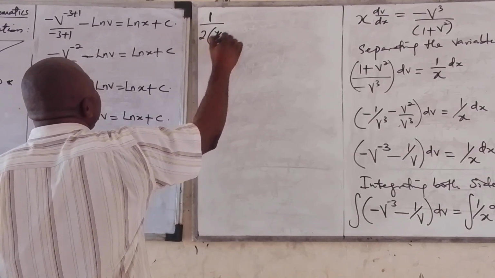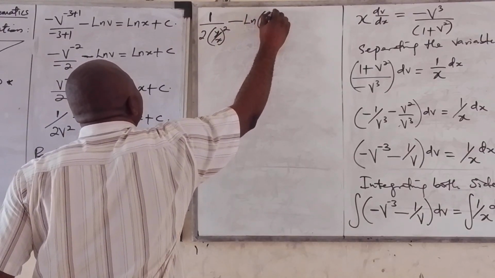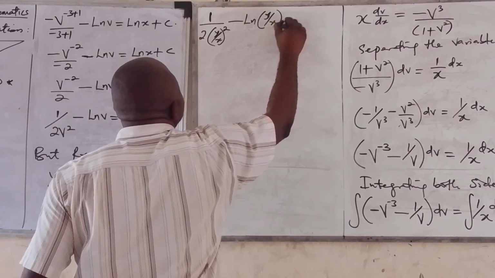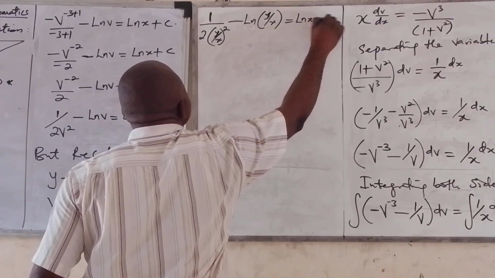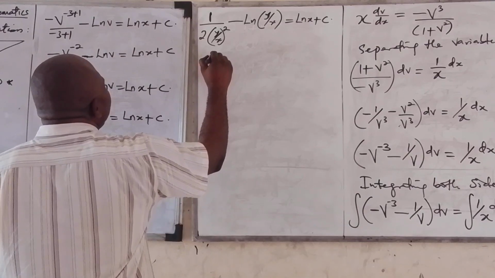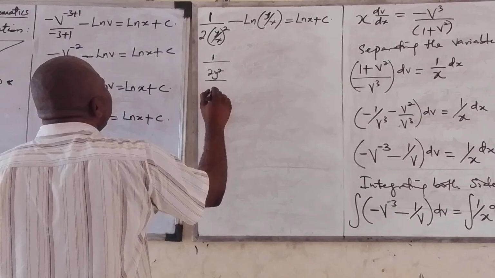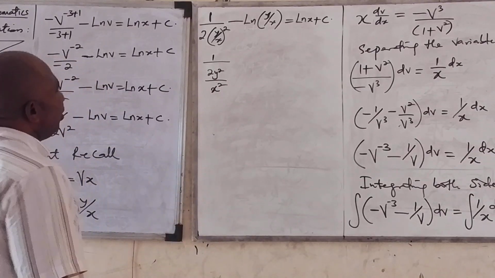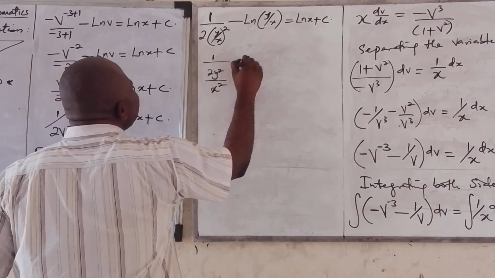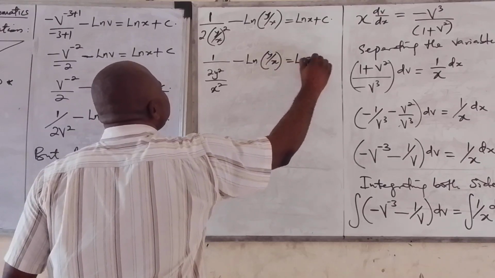So we have y all over x all squared minus ln y all over x is equal to ln x plus c. So it means here we have 1 all over 2y squared divided by x squared, because this is y squared all over x squared. So minus ln y all over x will be equal to ln x plus c.